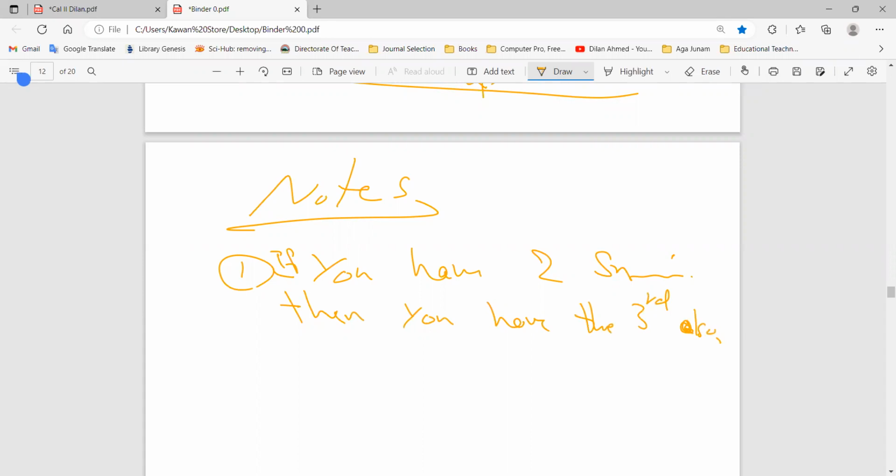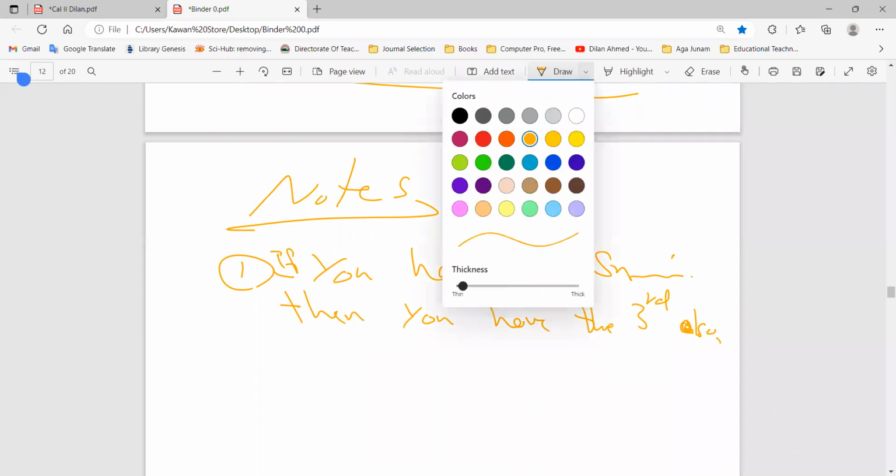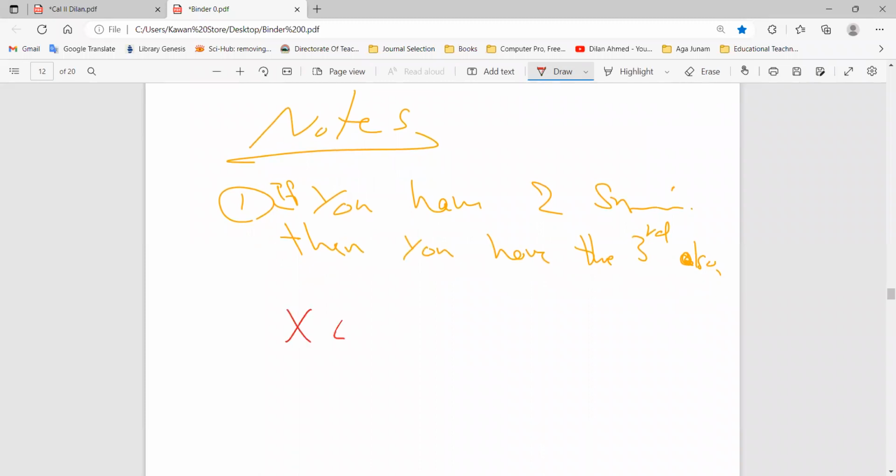So buy two, get one free. Understood what I say? For example, if it's symmetry about x and origin, do not check the other. It should also be symmetry about the y-axis.